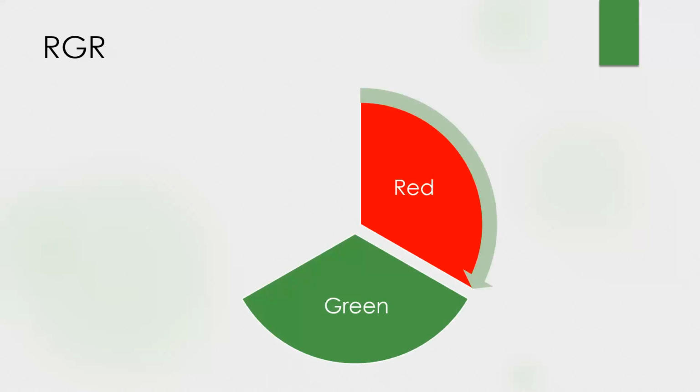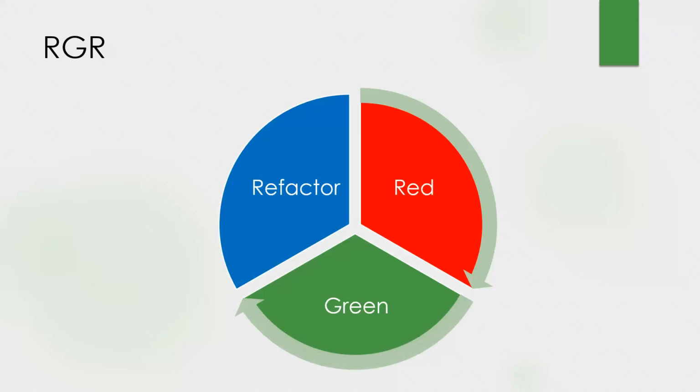Then you are in the green phase, so you've added a test, you've added the code needed to make the tests work and make the tests green, and after that you can refactor. So after refactoring, you can try to once more run your tests and see if everything is working.